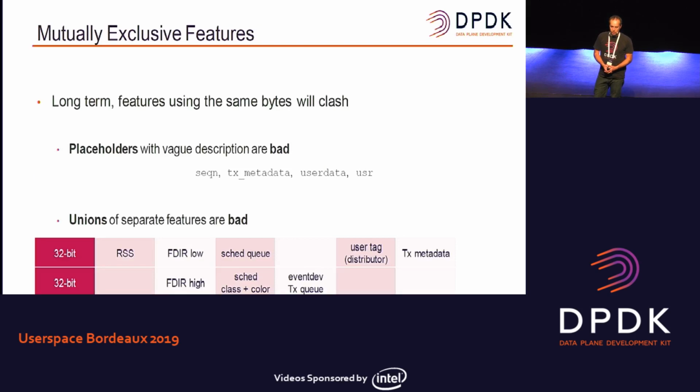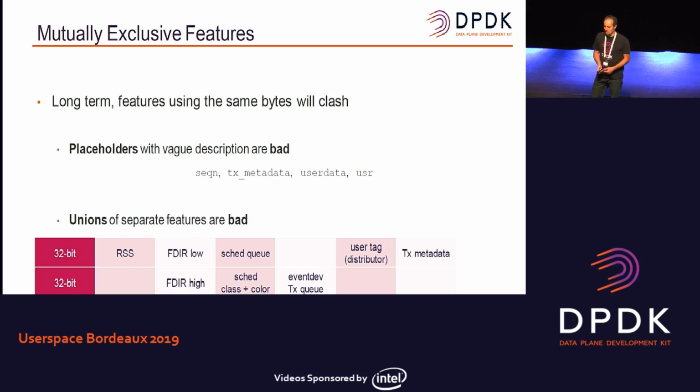because we don't have a lot of space, sometimes we allocate some space for some fields which are not well described. It happens. For instance, there is something called sequence number, but which sequence number, we don't really know. Even metadata, okay, there will be a field metadata inside the metadata structure. Interesting.